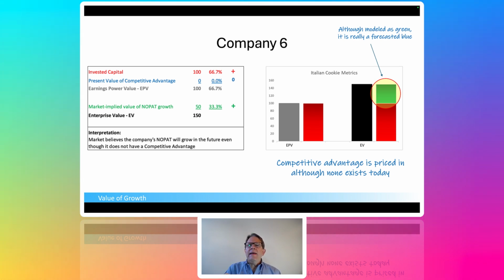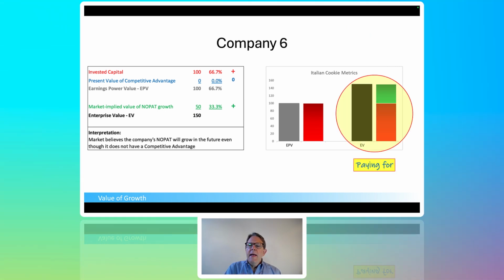So what's priced in is really that green is a forecasted blue. This is the subtlety. It's not that investors believe that this will grow necessarily. What's priced in is that the return on invested capital will expand and blue will materialize. That is the bet. So competitive advantage is priced in, although none exists today. That's what you're paying for.